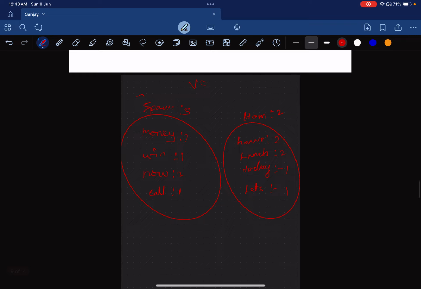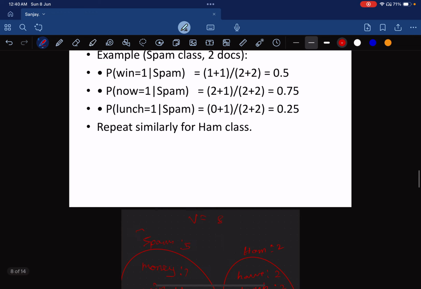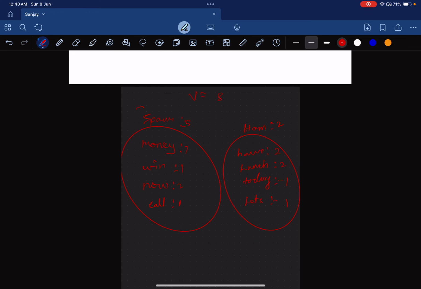There is something common, right? The overall vocabulary size is 8.